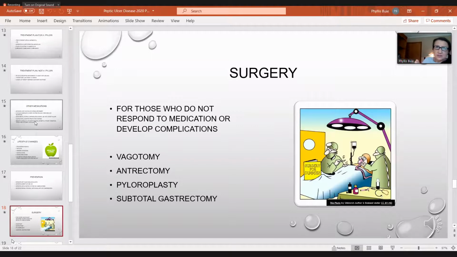Pyloroplasties may be necessary if scar tissue has formed around that pyloric opening. We may have to go in there and do a pyloroplasty to open that stricture back up so that food can pass through it. But we don't see a whole lot of those anymore. The proton pump inhibitors have really helped us avoid a lot of those surgeries.